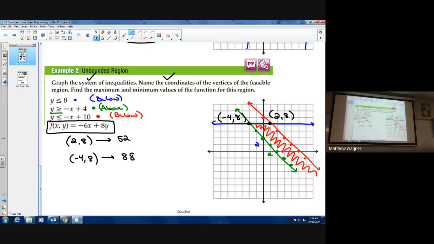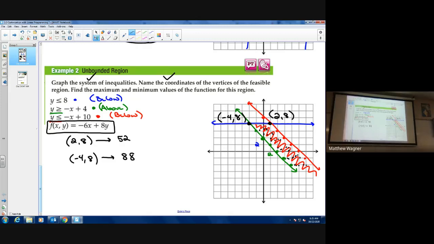So now the question on unbounded regions becomes: is 52 the minimum, or is 88 the maximum? To figure this out, remember, like I said before, all of these points in the region are satisfied by the constraints. And what we're going to do is pick one of these to test.